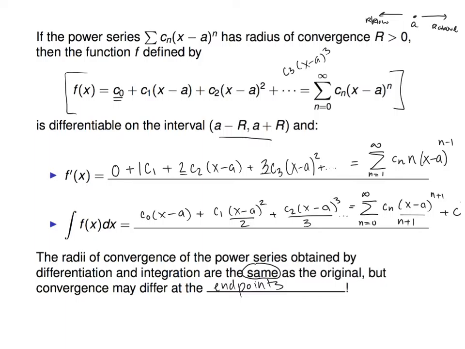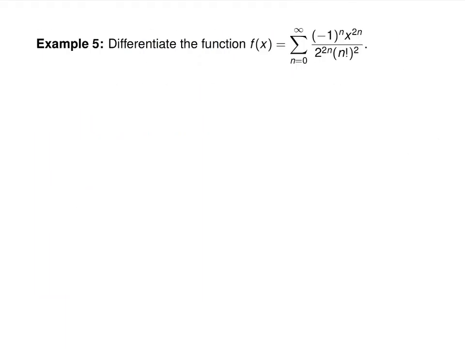Okay, let's just do a really easy derivative. This function looks crazy, okay? But once you figure out which part's the constant, it's not very difficult, and we can do the integral too because it's not very hard. So let's write this as the sum from n equals 0 to infinity of negative 1 to the n, over 2 to the 2n, n factorial squared, times x to the 2n.